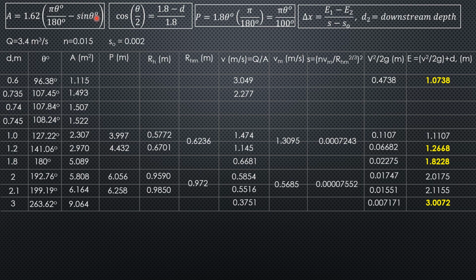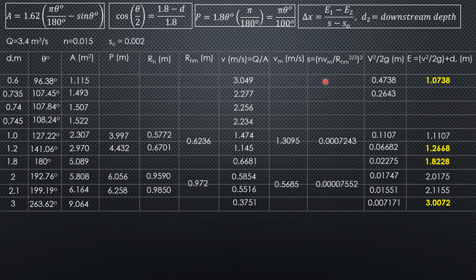Then for the velocity, 3.4 over 1.493, 2.277. Then 3.4 over 1.507 is 2.256. 3.4 over 1.522 is 2.234. We don't need this because we only need for 1.2 and 1 and 1.22 and 2.1.